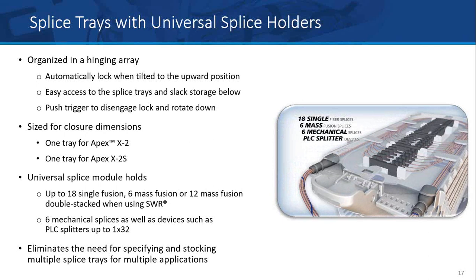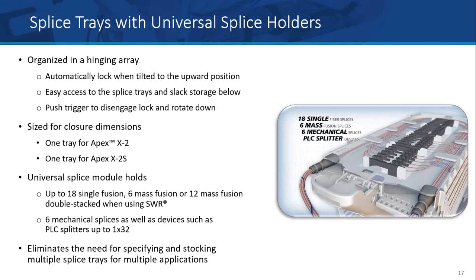So what we've done is we've created a universal splice tray. So when you order Apex X2S closure, you get an X2S tray, X2 tray. There's no different depths today. We may look at added depths later, but today there is one depth of splice tray and one type of splice holder.